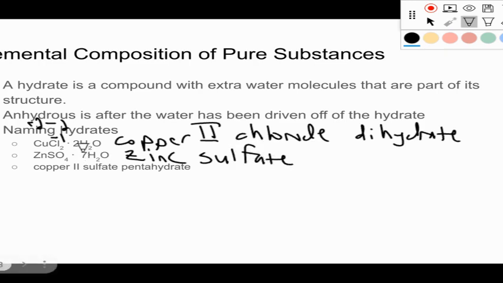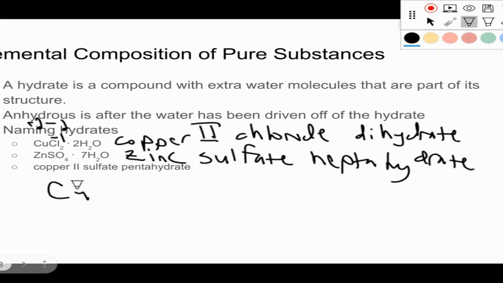Prefix for 7. So our prefixes go mono, di, tri, tetra, penta, hexa, hepta. So our prefix for that is hepta. So it's heptahydrate. Then this one is asking me to go from the name to the formula.